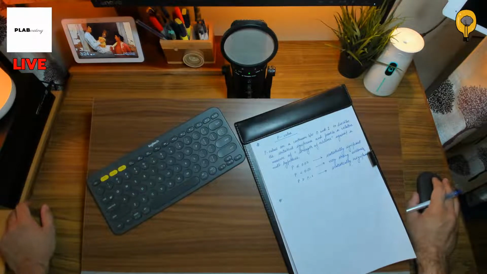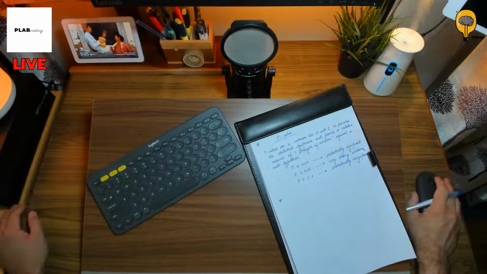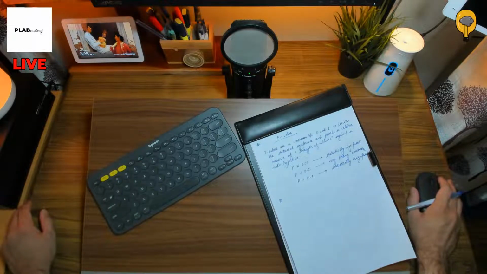Low sensitivity means high false negatives. It's obvious. And specificity in its formula has true negative cases in the numerator. So high specificity will mean few false positive, low false positive, and low specificity will mean high false positive.